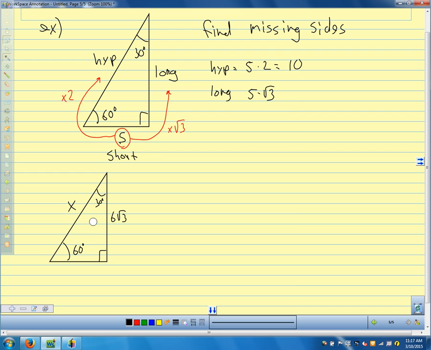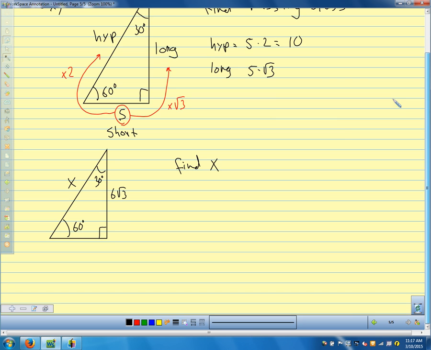This problem says find x. So let's label our sides. What side do we have here? That's the long side. This side? And this side has to be, hypotenuse is always the hypotenuse.